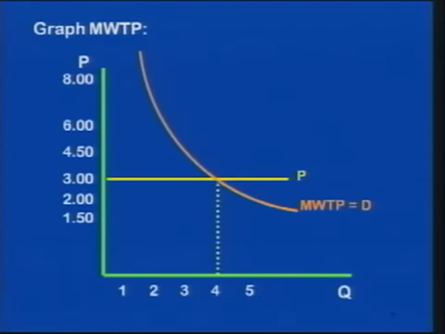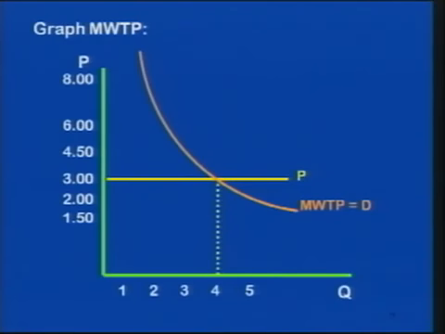Well, they would step through it. They'd say, well, do I want to buy 1 unit? And the answer is yes, I'm willing to pay $8, and yet I only have to pay 3, so I'm willing to pay more than the price, and so I'll buy it. Do I want to buy 2 units? And the answer is yes, I'm willing to pay 6. For the 4th unit, my willingness to pay is exactly $3. Given that that's my willingness to pay, I buy it, and buy 4 units.